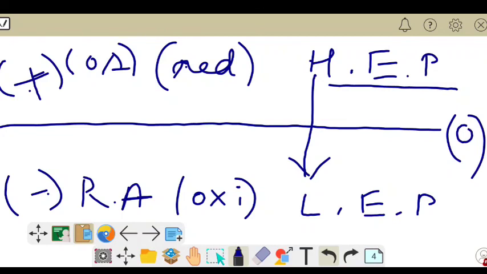On a scale also, to your left-hand side is negative and to the right-hand side positive, right? So in between 0 is there. This 0 potential belongs to SHE, the standard hydrogen electrode, where the hydrogen electrode will have 0 potential.